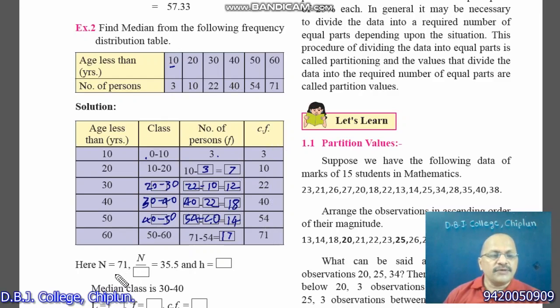So n is 71, n by 2 is 35.5, and h is the class width, equal to 10. So the median class is 30 to 40, because 35.5 lies in this class. So the L value is 30, F, the frequency of the median class, is 18, and CF, the cumulative frequency of the class previous to the median class, is 22.